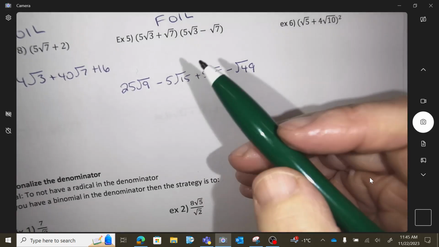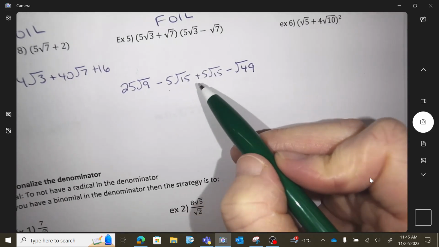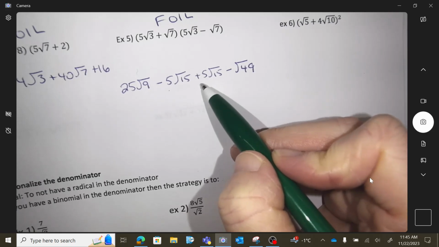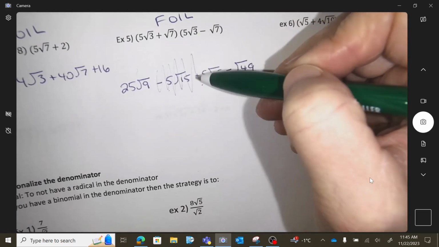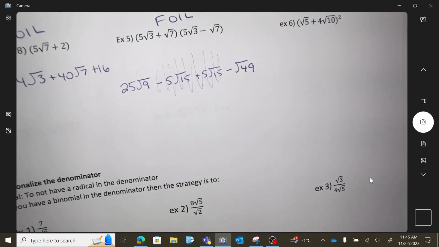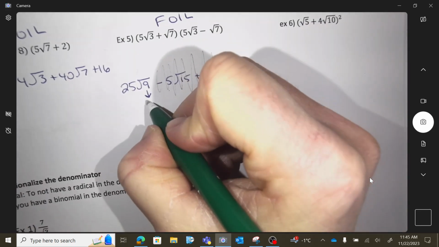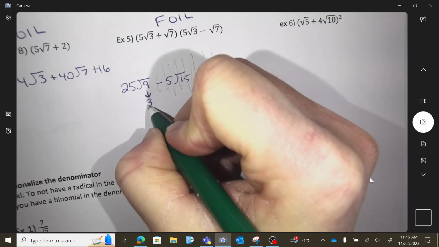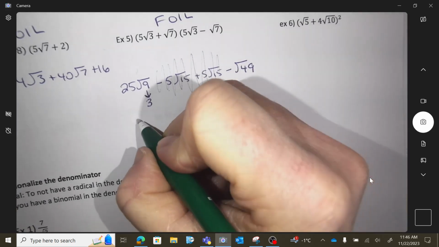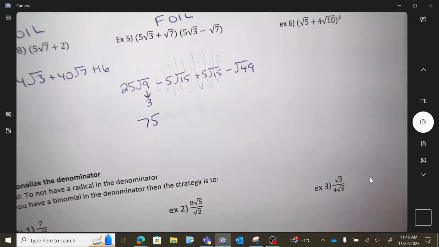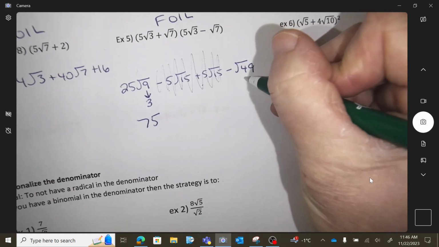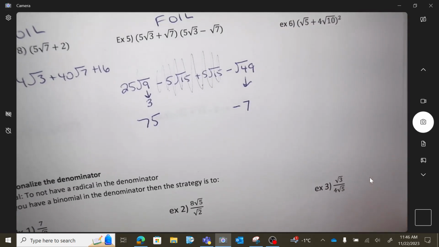Now, look at this, minus 5 root 15 and a plus 5 root 15. What does that do together? That'd be 0, right? If you do that together. Then root 9 is really a 3, so that first is actually a 75. Root 49 is really 7.